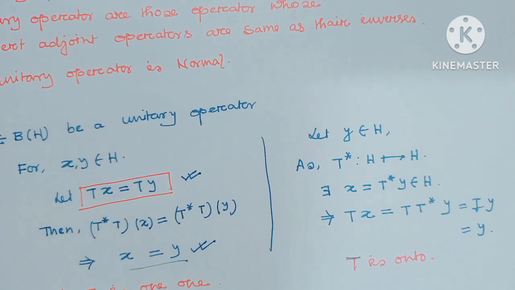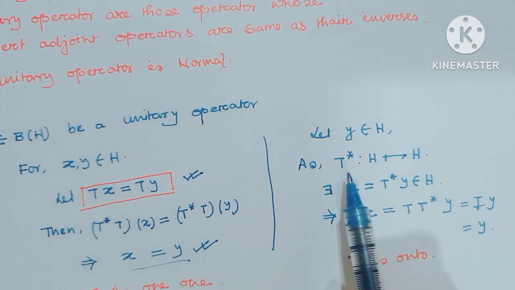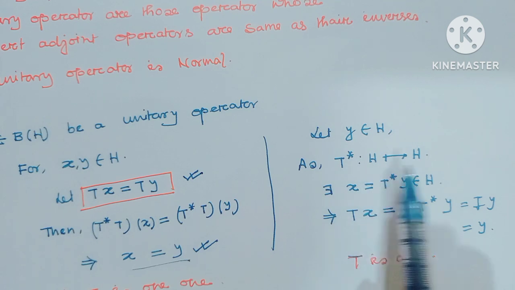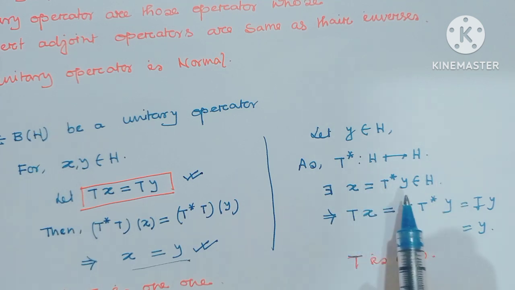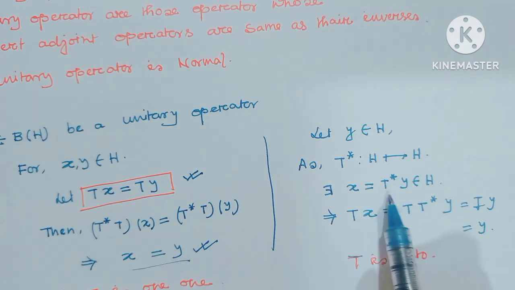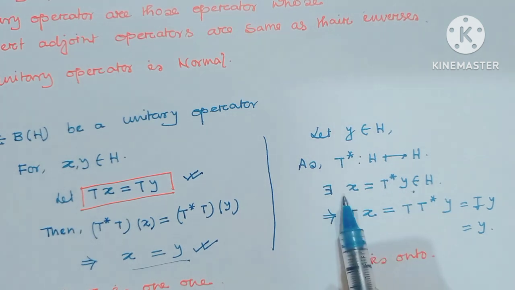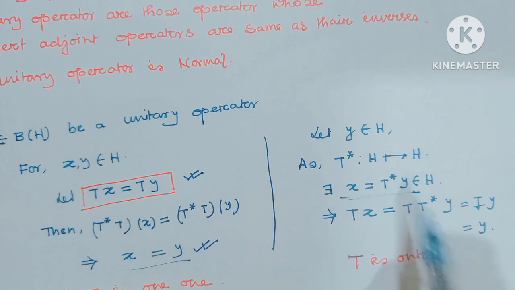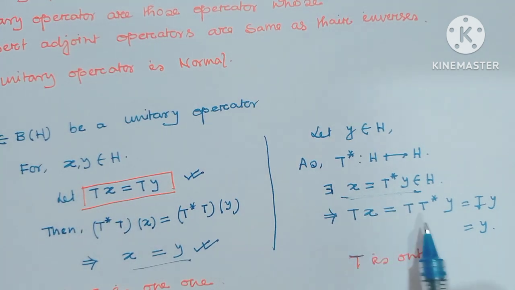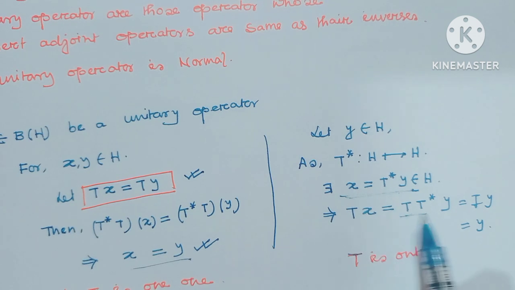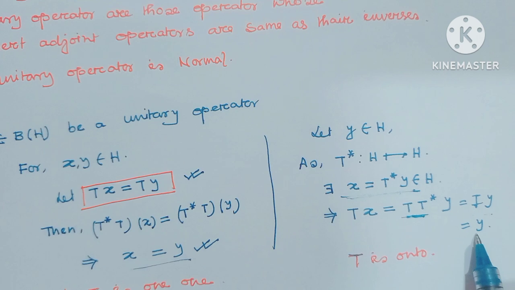And T is also onto, because consider one arbitrary vector y belonging to H. As the adjoint operator T star is from H to H, there exists x equal to T star y belonging to H. Then multiply this equation by T, then Tx equals T T star y, and since T is a unitary operator, T T star means identity, which gives y.